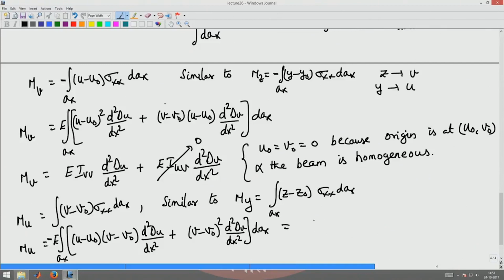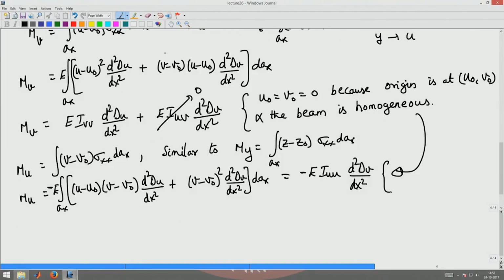This will simplify to E times Iuv, which is again 0, so this will be Iuu d square delta v by dx square. For sigma xx, there will be a negative sign in there because epsilon has a negative sign in there. So, for the same reasons as before, you got this equation.